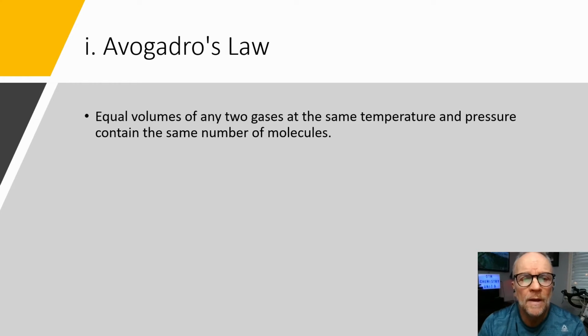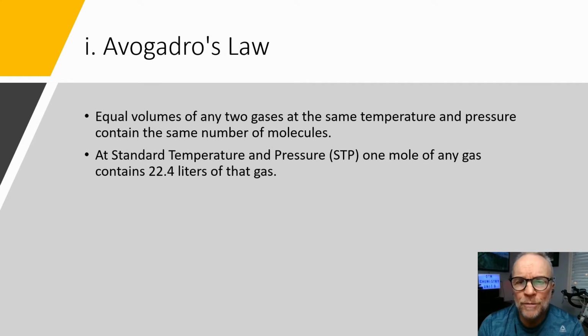Avogadro's law: equal volumes of any two gases at the same temperature and pressure contain the same number of molecules. At standard temperature and pressure, 1 mole of any gas contains 22.4 liters of the gas. And so under standard temperature and pressure, we can work stoichiometric problems with these by changing the quantities that we have into moles of the gas.